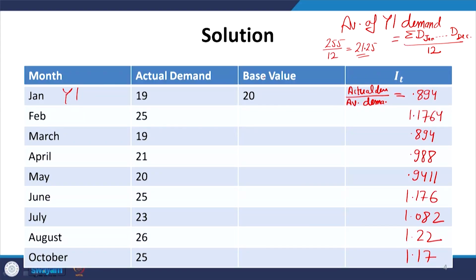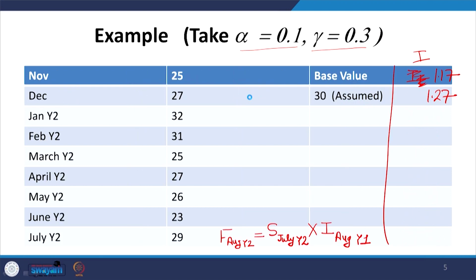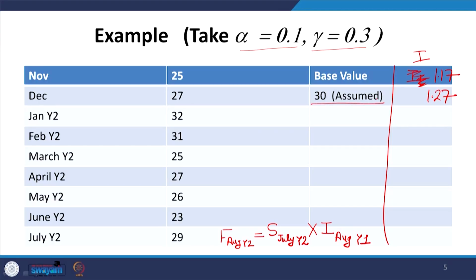Now, let us see how to do this calculation for our current requirement. So, we can start this calculation from the initial period, but I have skipped this, as the whole data is not required, and I am directly taking some intermediate value as our base value. So, I am assuming the base value for the month of December year 1.